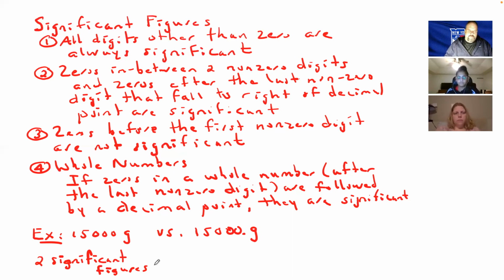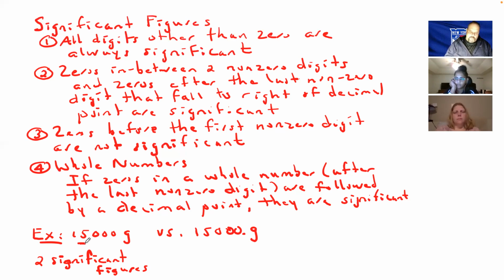It tells me that the first estimated or uncertain digit, the last significant figure, is the 5. So in other words, is it really 15,000 grams? Or is it 14,000 grams? Or is it 16,000 grams? That's essentially where the estimation is made.